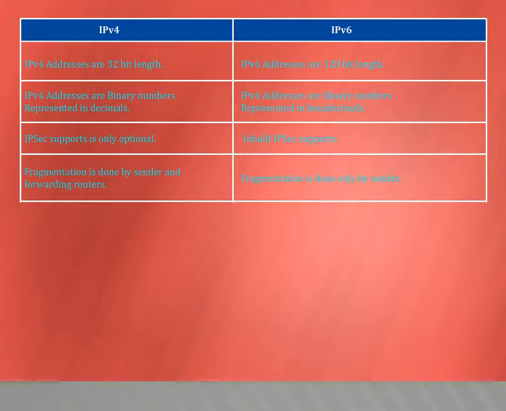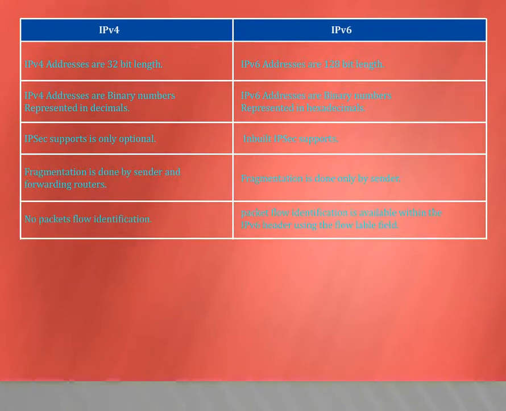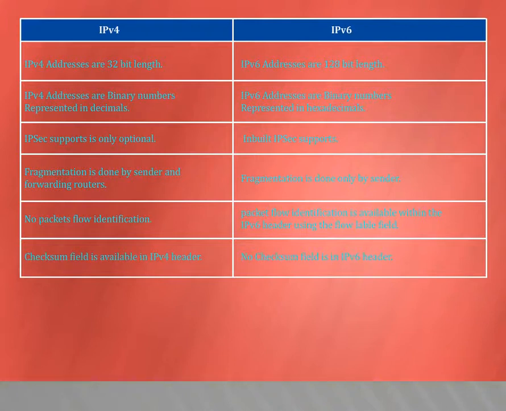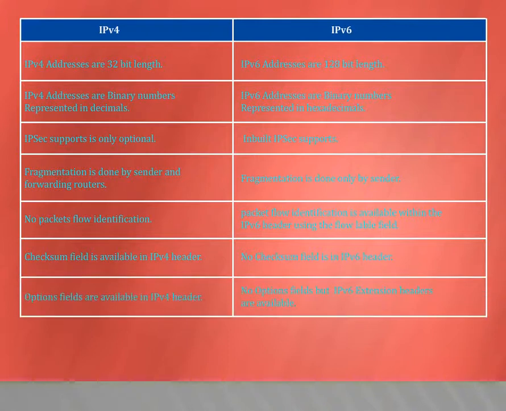In IPv6, fragmentation is done only by the sender. IPv4 has no packet flow identification. In IPv6, packet flow identification is available within the header using the flow label field. A checksum field is available in the IPv4 header. There is no checksum field in the IPv6 header. Options fields are available in the IPv4 header. There are no options fields in IPv6, but extension headers are available.